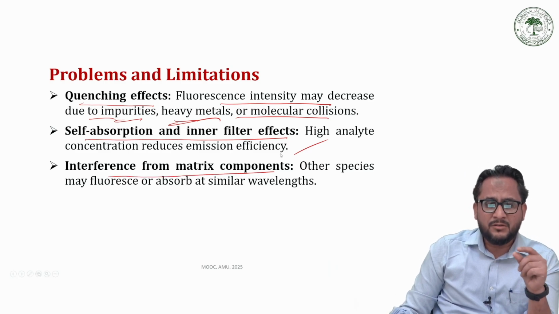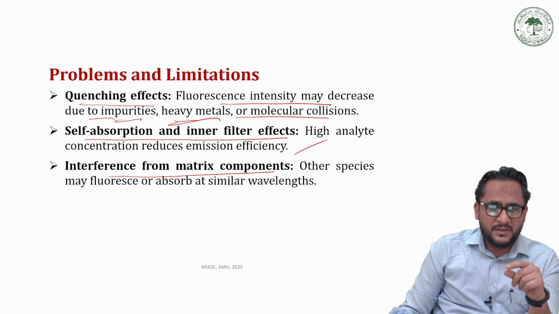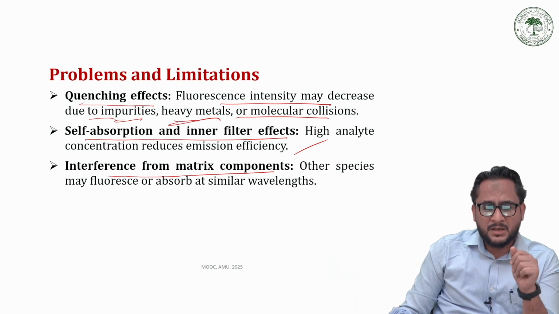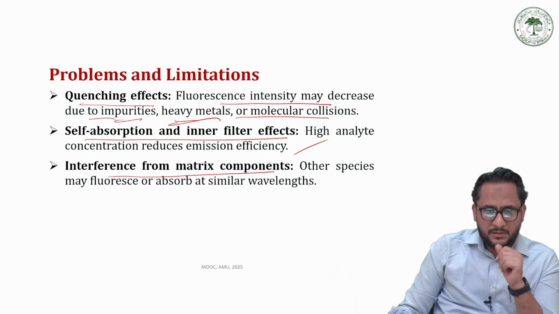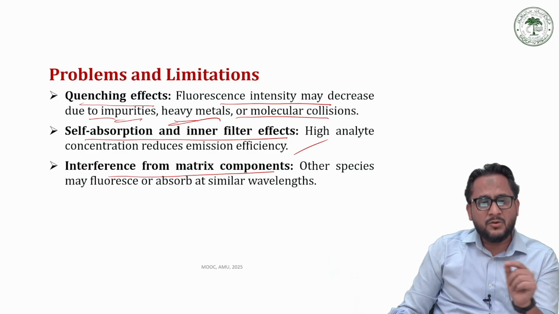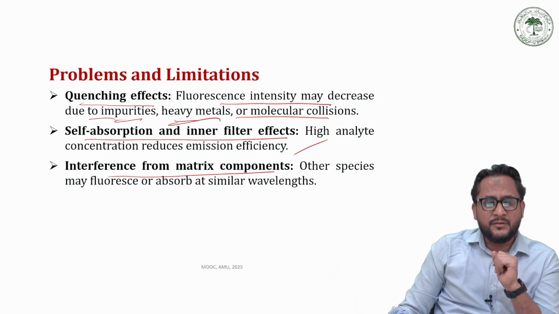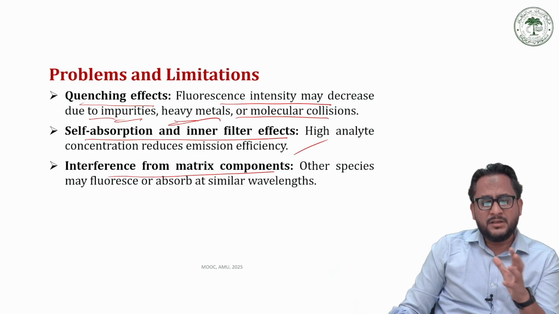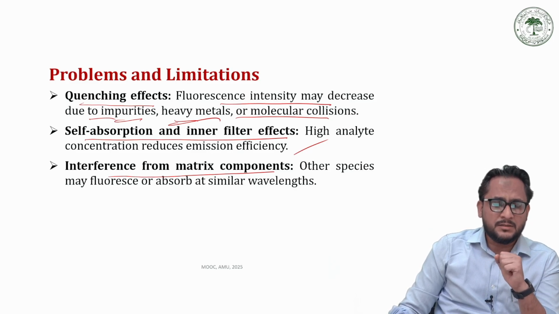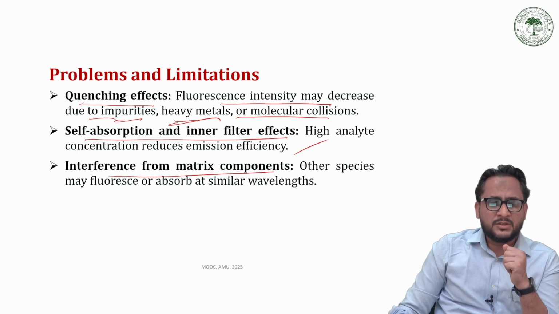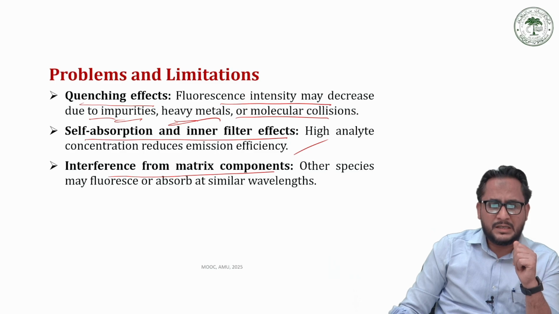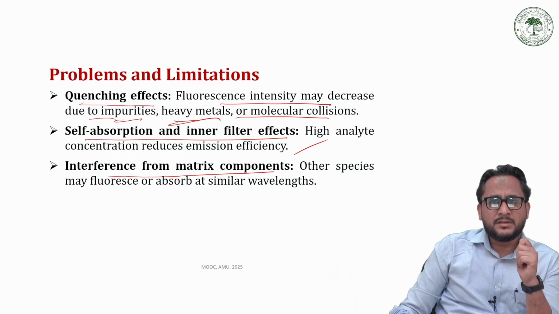For example, if you are working on a blood sample, the various components of the blood, the plasma, the RBC, or even the protein that is present as a clotting agent, may also interact and interfere. Similarly, with a soil sample, if you want to study some metal ions by fluorometry, even after extraction of metal and filtering the sample to avoid components of soil, we still have some interferences.